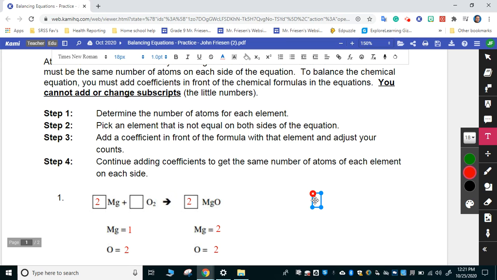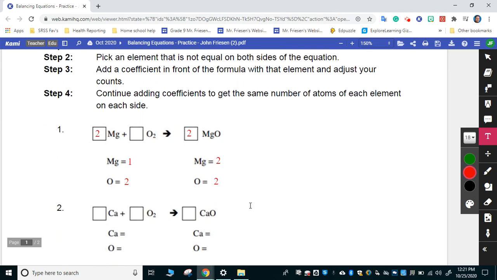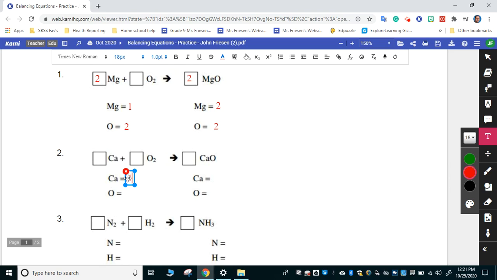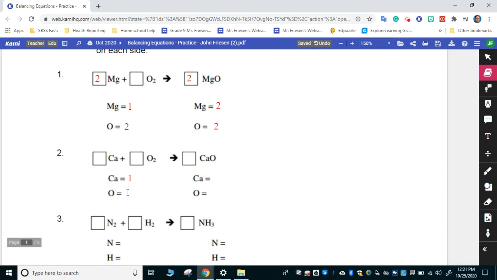Okay, continuing on then. Number 2. Again, this is going to be very similar to the last one. Actually, it's going to be almost exactly the same. Okay, we count the number of atoms, right? There's one atom here, there's two atoms there. So we put 1, we put 2.